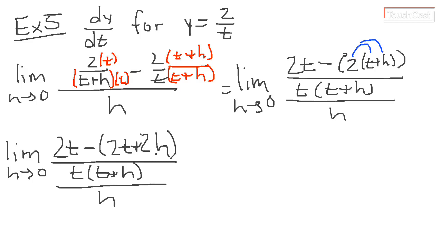In fact, if we distribute the minus sign, we can get rid of the parentheses right now. So let's just do that. We'll get rid of our parentheses and we'll make this plus a minus.